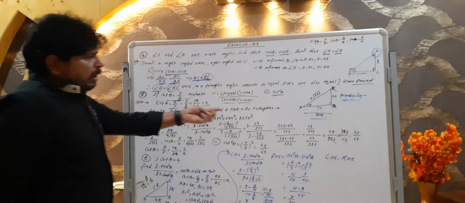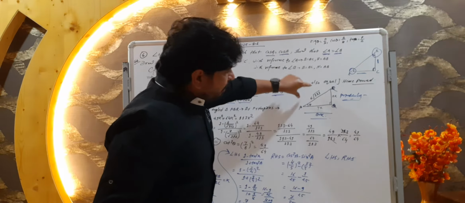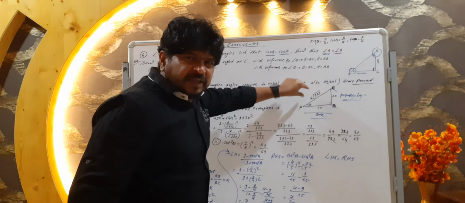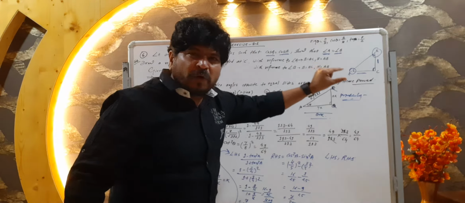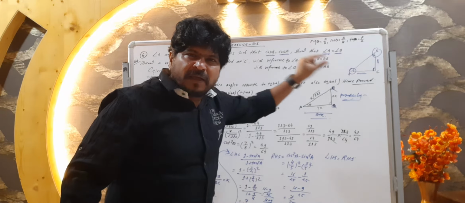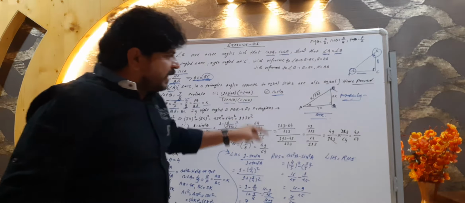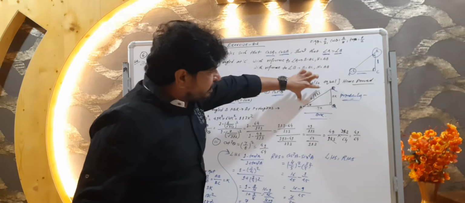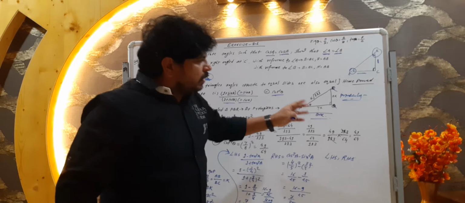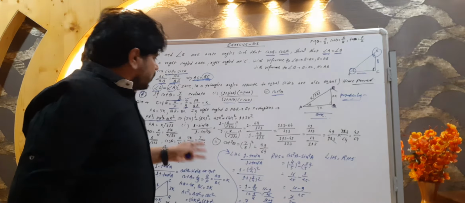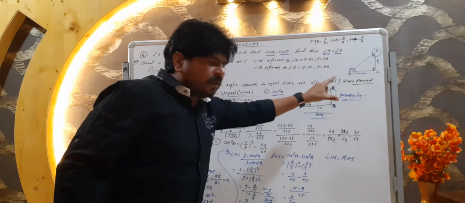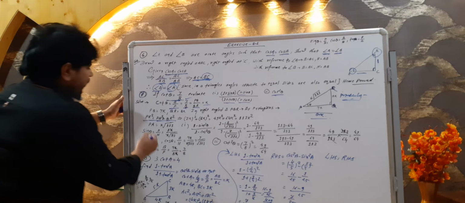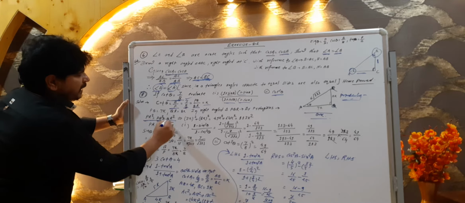The Pythagoras theorem says the square of the hypotenuse is equal to the sum of the squares of the other two sides, PQ and QR. That is what we have written: PR square is equal to PQ square plus QR square.